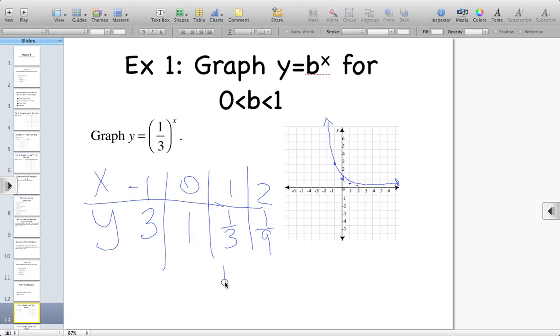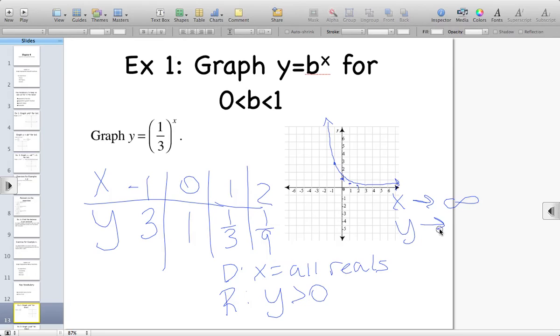So the domain, right, all the x values still the same, all real numbers. And our range is still the same, right, where y is greater than 0. It's just the direction of the graph has changed. Now as x approaches positive infinity, y approaches 0.